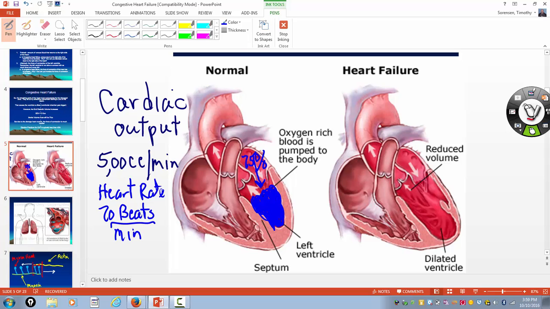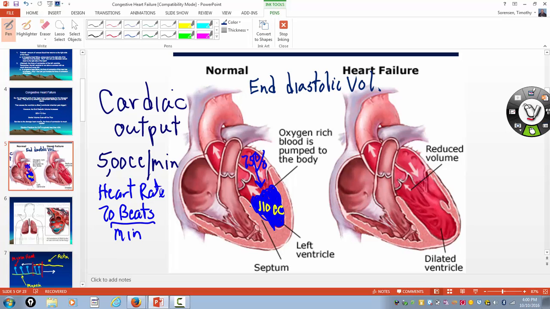So in a normal resting heart, the amount of blood in the left ventricle before it contracts is about 110 cc's. That 110 cc's is what's called the end diastolic volume, or the amount of blood in the left ventricle before it contracts.